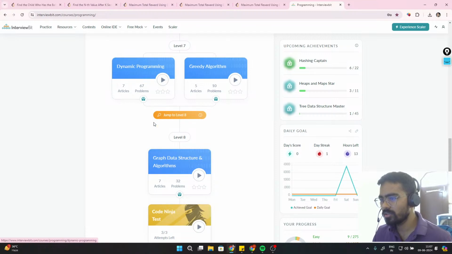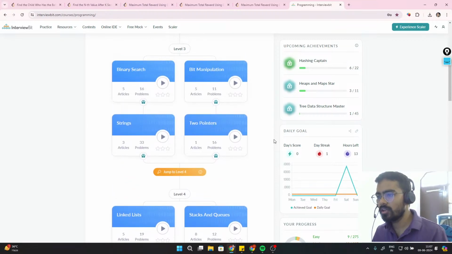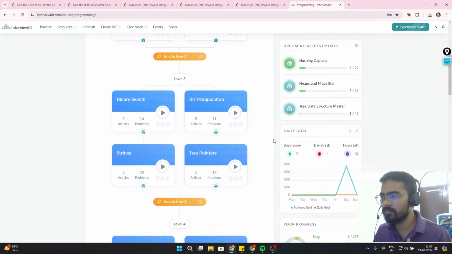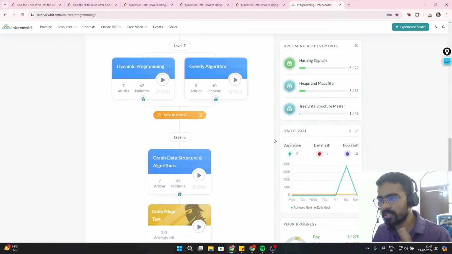Mostly I'll be focusing on dynamic programming and graph data structures, because I've practiced a lot of the previous questions in previous streams, but right now I haven't practiced much dynamic programming and graph questions, so it might take some time to solve them. It might be possible that I won't be able to solve very many questions, but I'll try my best to solve as much as I can, because dynamic programming and graph questions are really good.